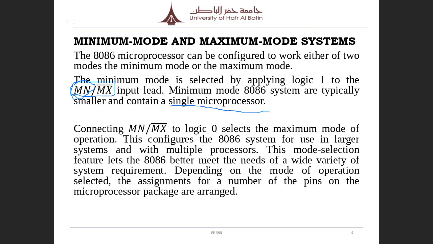But sometimes, if the microcomputer needs high performance, it may have more than one processor. That is called maximum mode. Maximum mode means a multiple processor system. Anyway, mostly it is minimum mode, which means this pin must be 1.